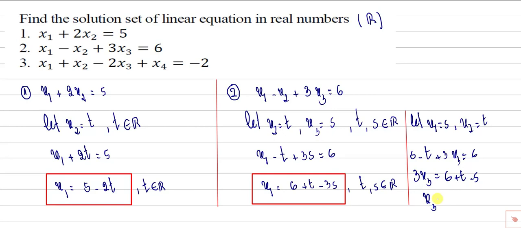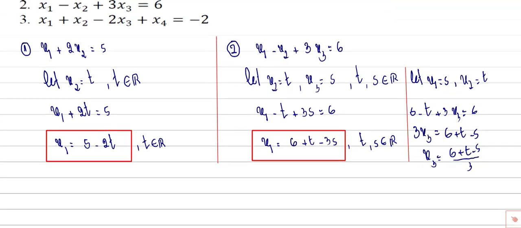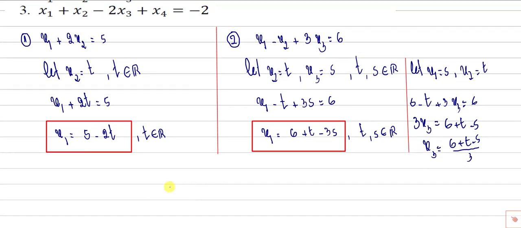So x3 is equal to (6 plus t minus s) over 3. So this is the general solution of our equation: x1 is s, x2 is t, and x3 is (6 plus t minus s) over 3, where t and s belong to the real numbers. So we can change the solution set of our equation by our choice of the unknown variables.